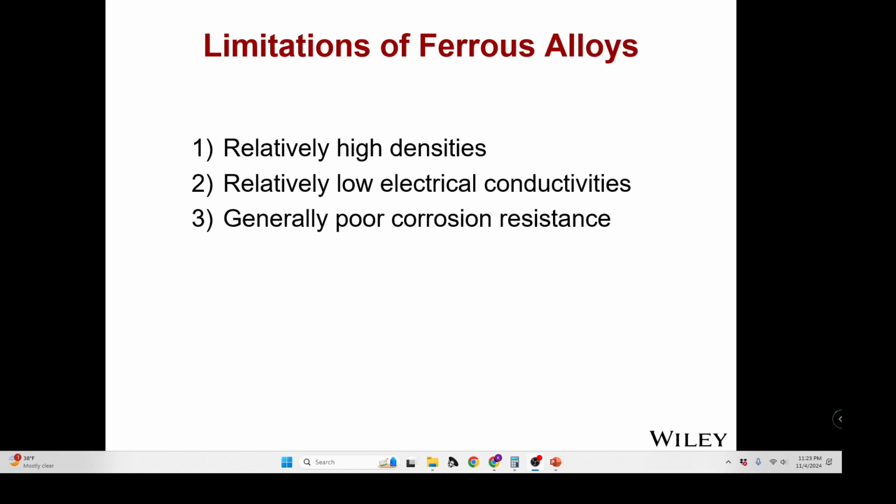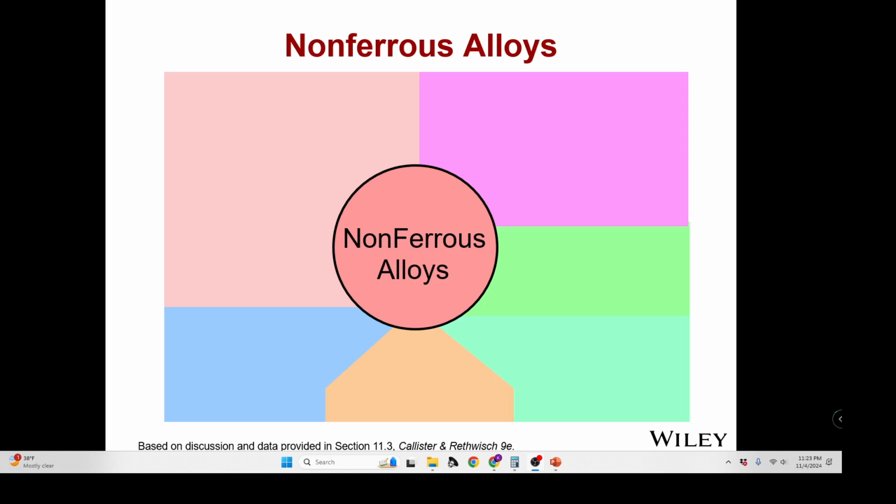So some of the limitations here are high densities and low electrical conductivities, as well as generally poor corrosion resistance. And that tends to be fairly common for a lot of things.